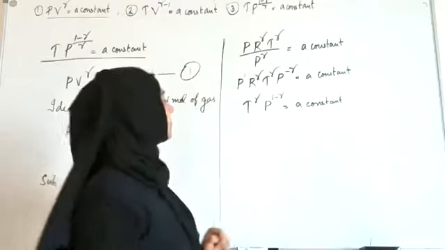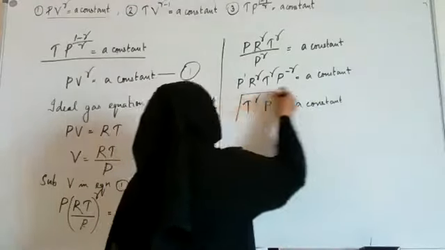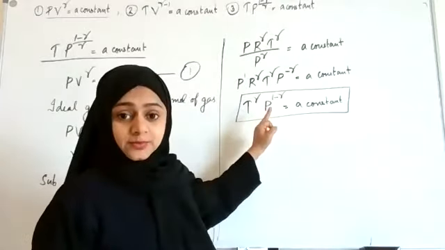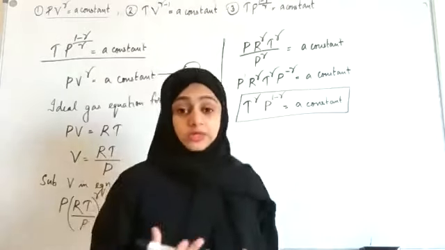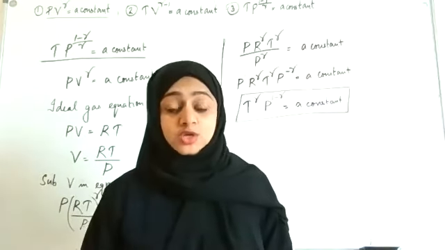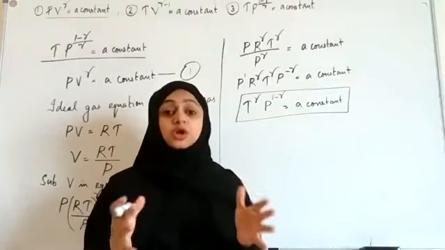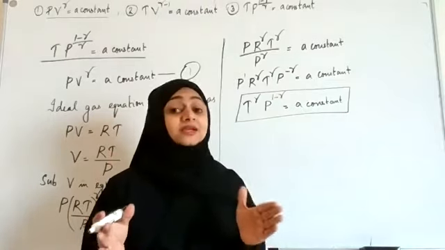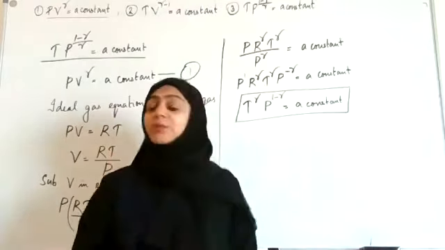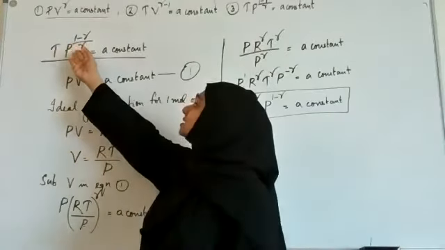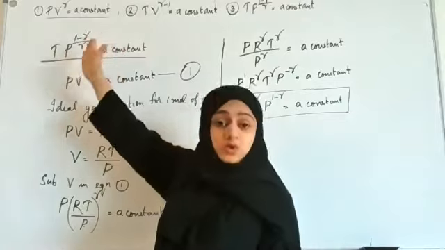Now I want you to have a look at this expression as well, because in your board exams for multiple choice questions, they will give a number of equations which are valid for an adiabatic change. You must have memorized this expression: P raised to 1 minus gamma by gamma equal to a constant.